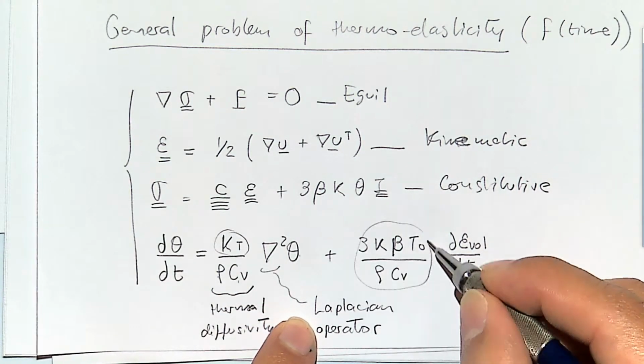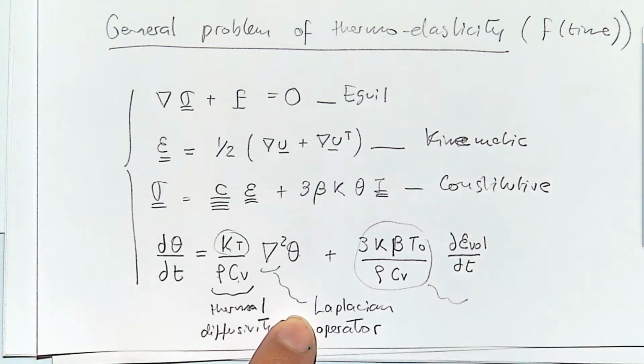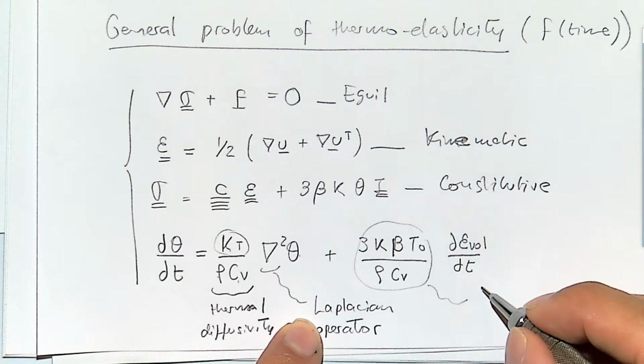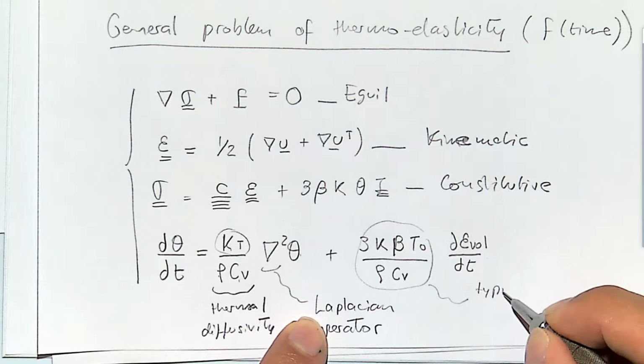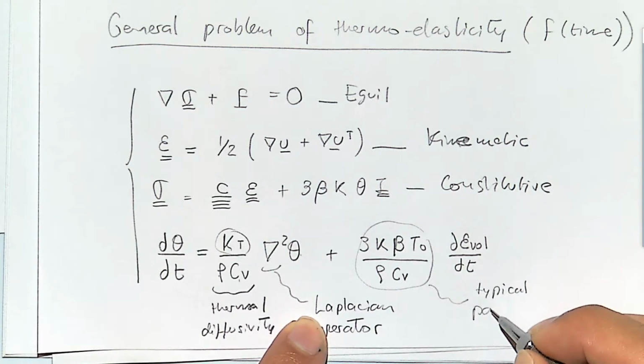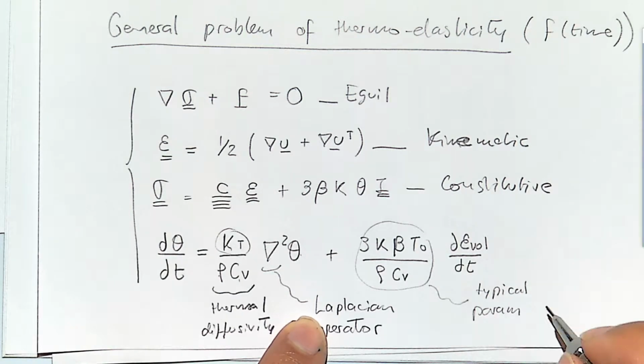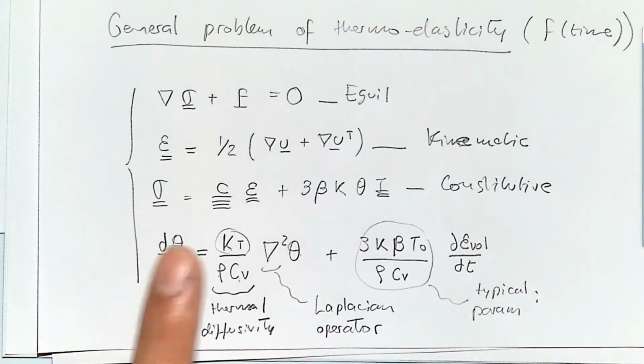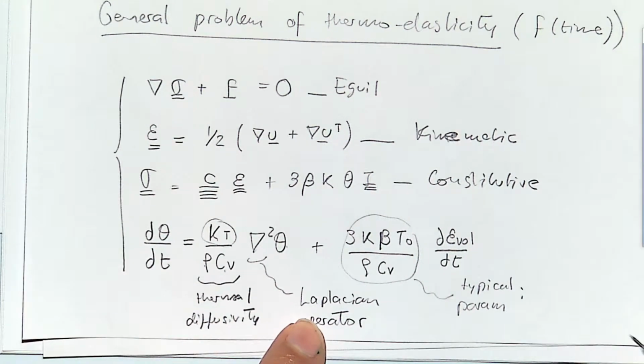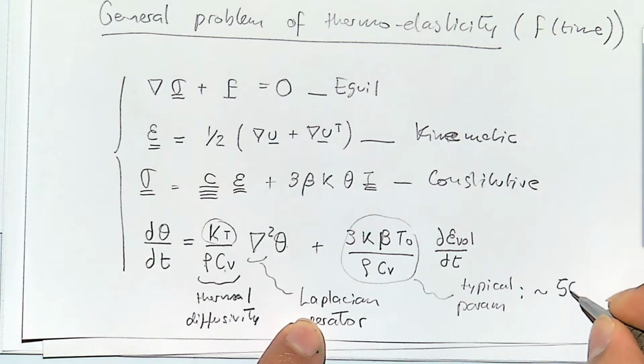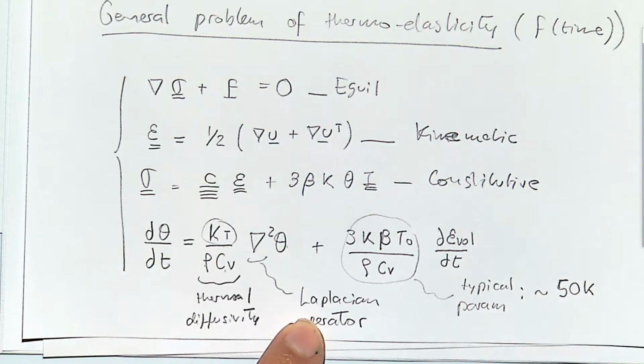Fortunately, in geomechanics, this term is relatively small. For typical parameters, with initial temperatures near ambient conditions, all of this about 50 Kelvin.